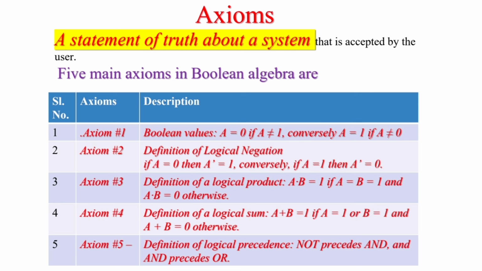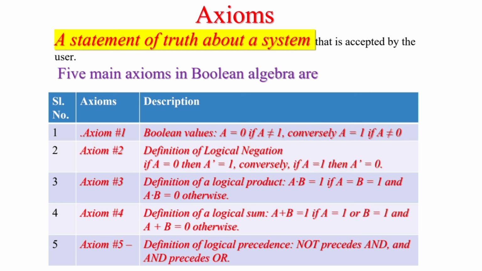Then axiom 3, it's about the definition of a logical product. Logical product means a and b. So a and b is equal to 1 if both a and b equal 1. A and b equal to 0 otherwise. Axiom 4 is the definition of a logical sum, that is a plus b, or a or b.